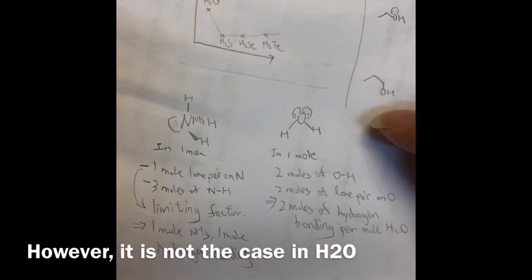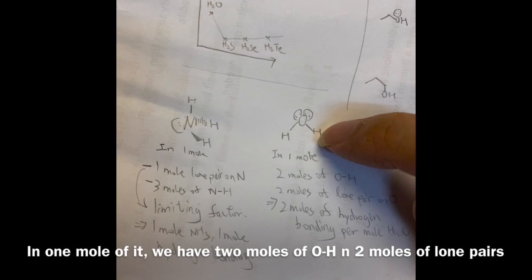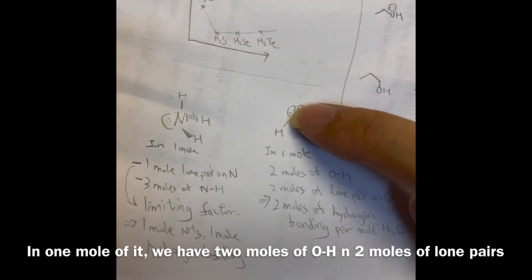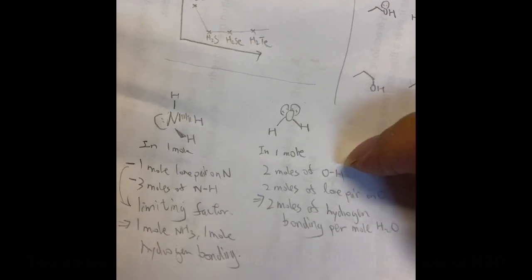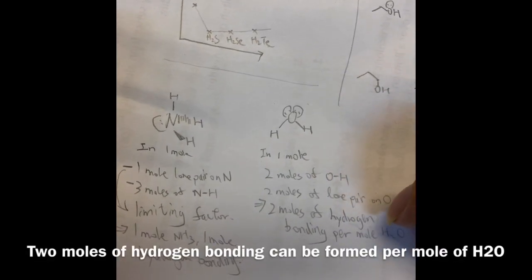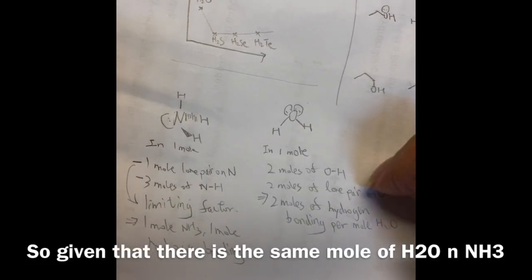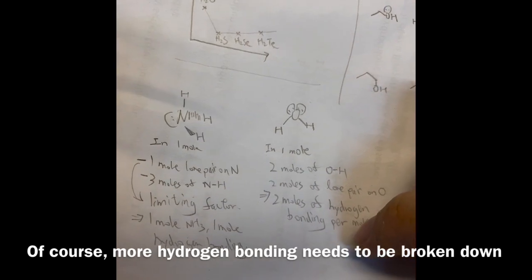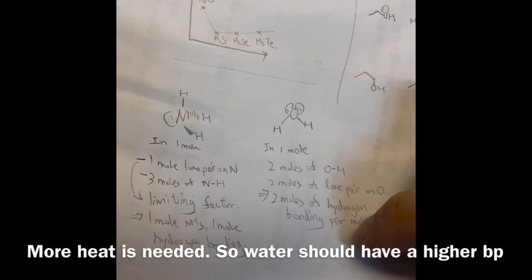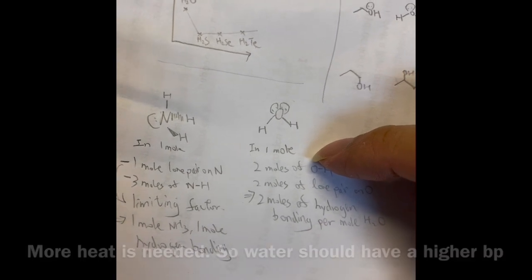However, it is not the case in H2O. In 1 mole of it, we have 2 moles of O-H bonds and 2 moles of lone pairs. Nothing is in excess or limiting, so 2 moles of hydrogen bonds can be formed per mole of H2O. So given the same moles of H2O and NH3, of course more hydrogen bonds need to be broken, more heat is absorbed, so water has a higher boiling point.